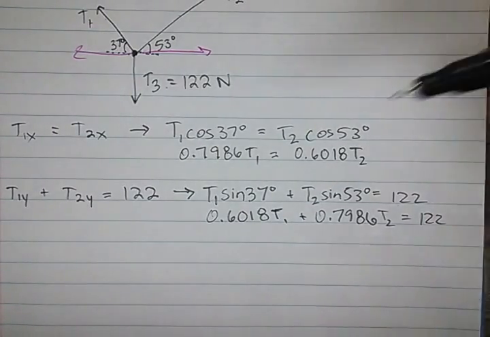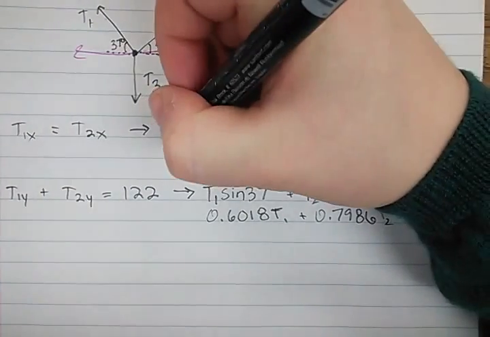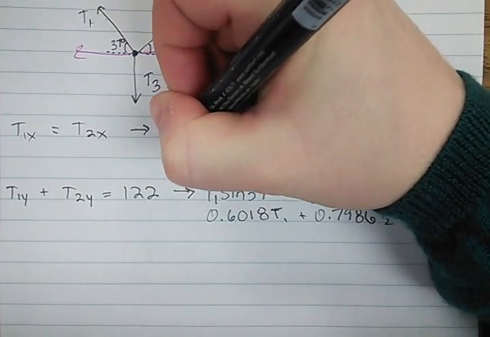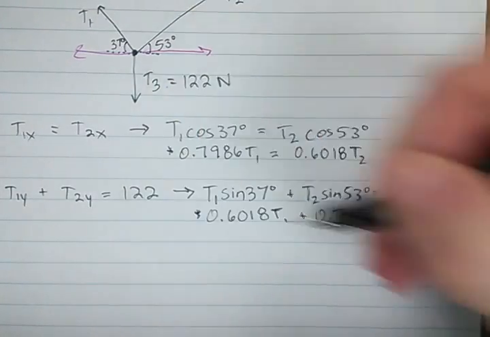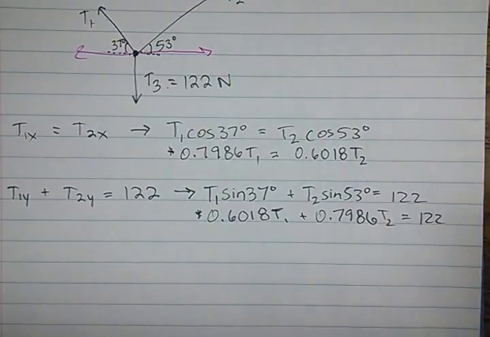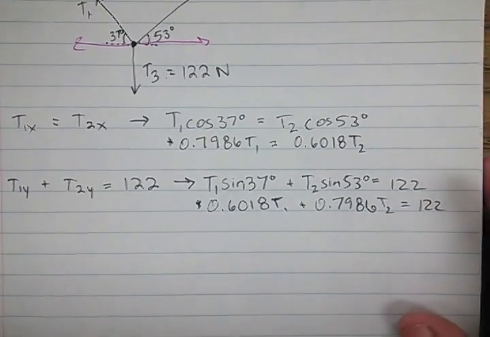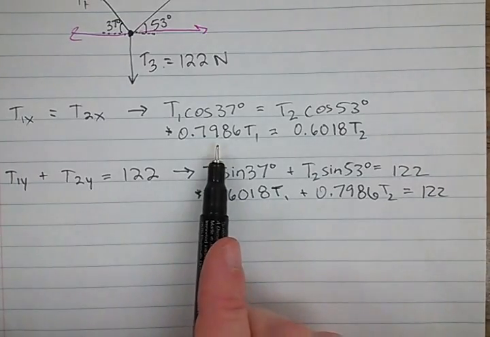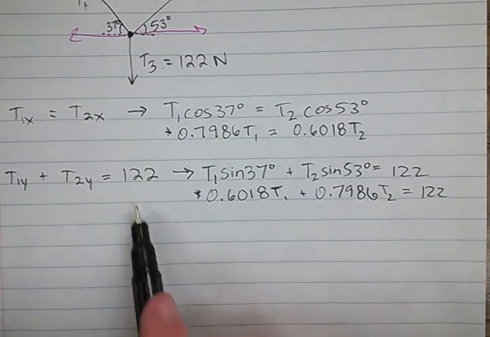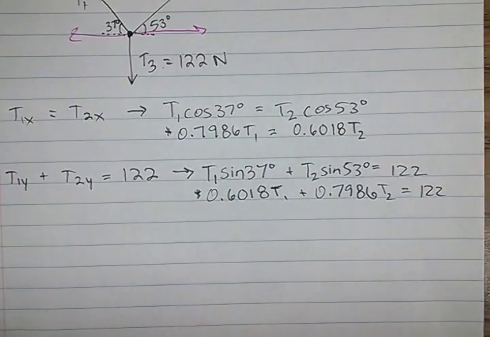So we have two unknowns, and we have two equations. So we need to brush up on our algebra and use a system of equations. What I am going to do is solve this equation for T1 and then plug it back into this equation.